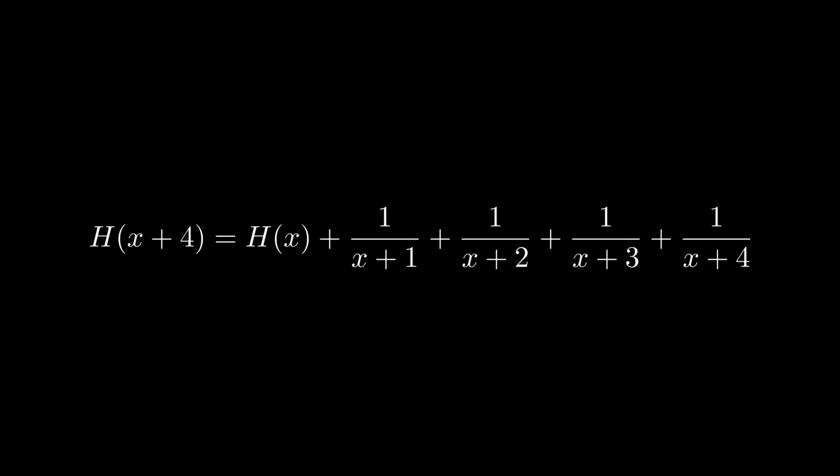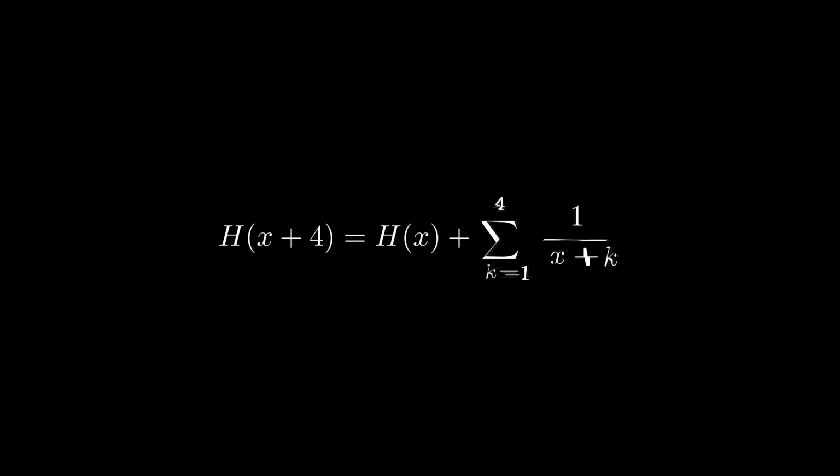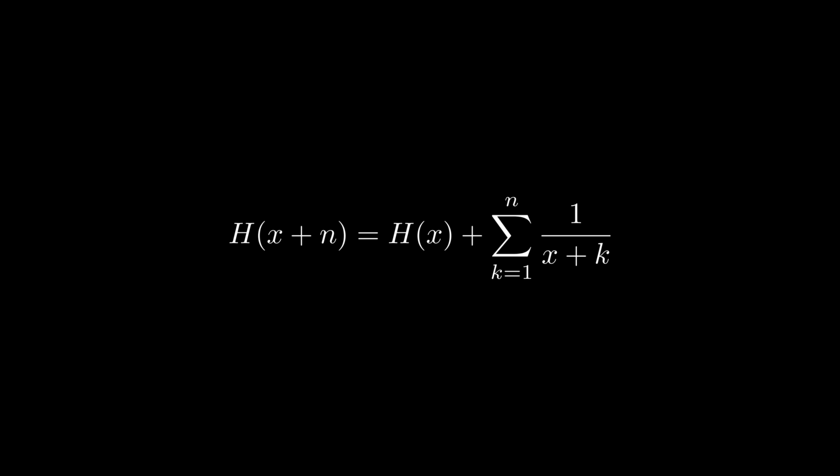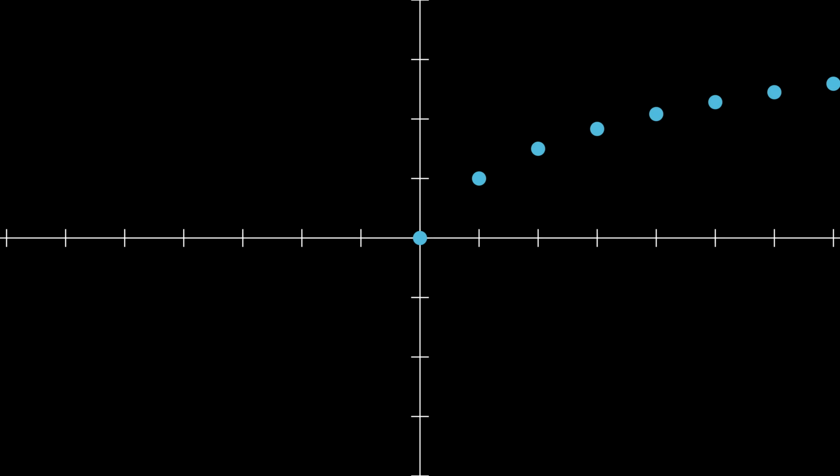To find h of x plus 4, we're starting with h of x and adding up the reciprocals of x plus all the natural numbers from 1 to 4. So we can condense this by using sigma notation, and we'll just replace the 4's with n's to generalize the formula. I'll call this the super recursive formula, because it's more powerful than just our recursive formula, which only steps 1 at a time.